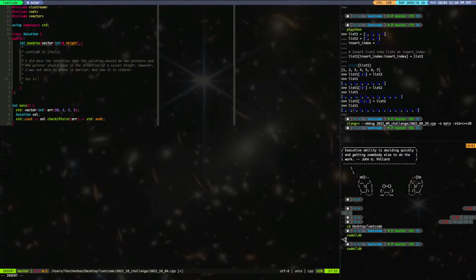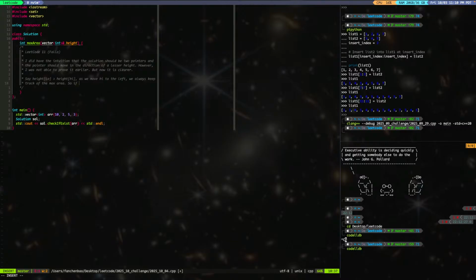Say height low is larger than height high, right? As we move high to the left, we keep accumulating, right? We always keep track of the max area.